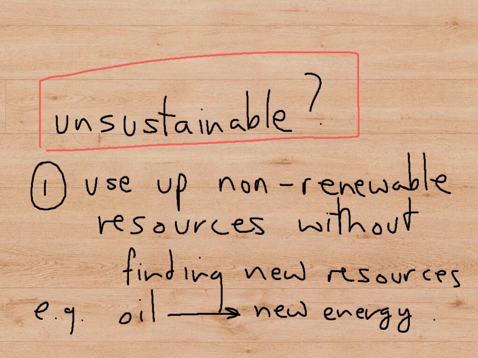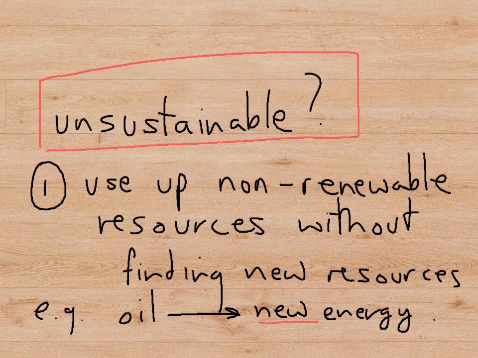Oil is our major source of energy, the thing that we depend on for energy in the world most, and it is being used up. And we have to therefore find new sources of energy to replace oil when it runs out. If we don't, our economic growth that we are enjoying at the moment will be unsustainable. So that is one definition of unsustainable economic growth, one way in which economic growth can be unsustainable.